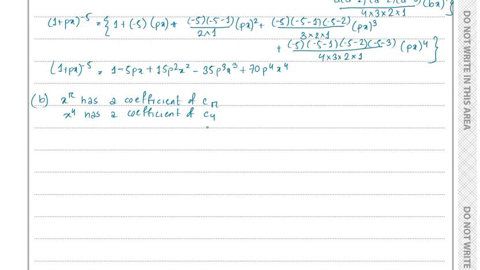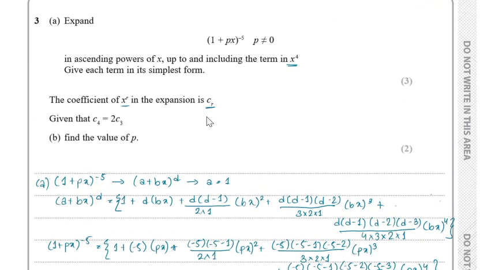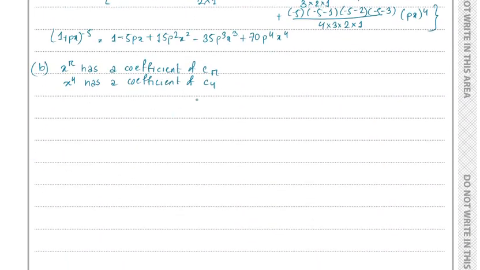And C3 is the coefficient of x^3, because r is the same.